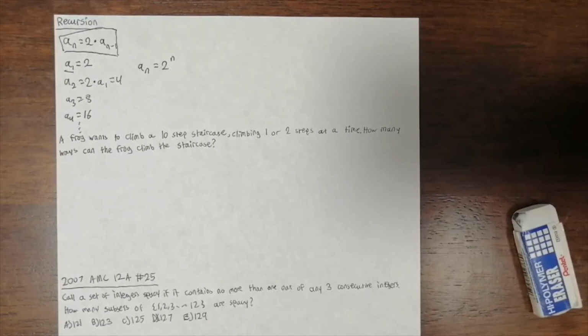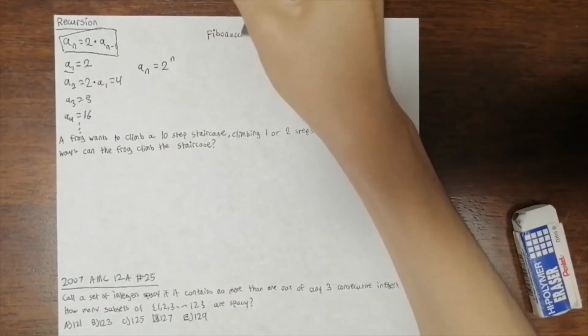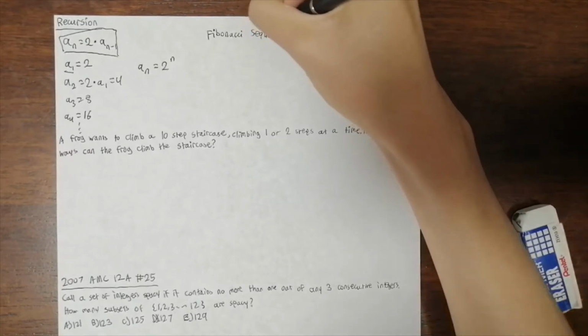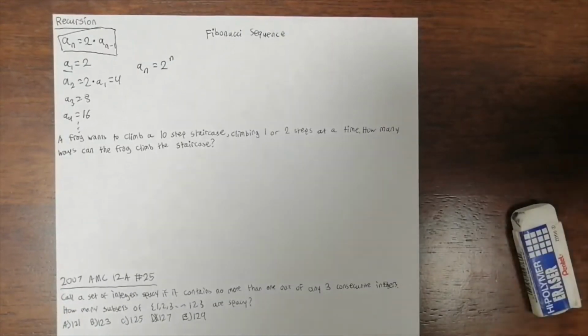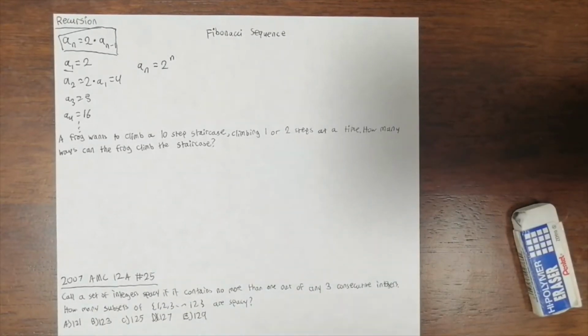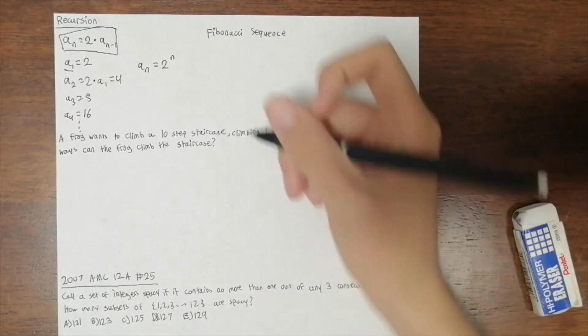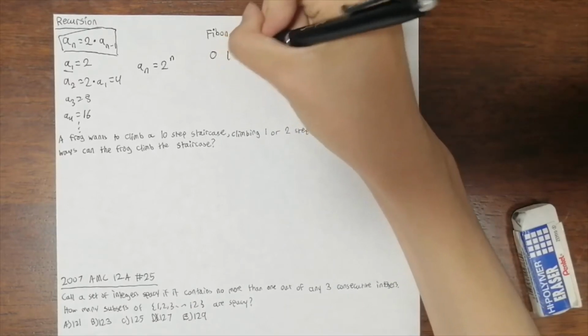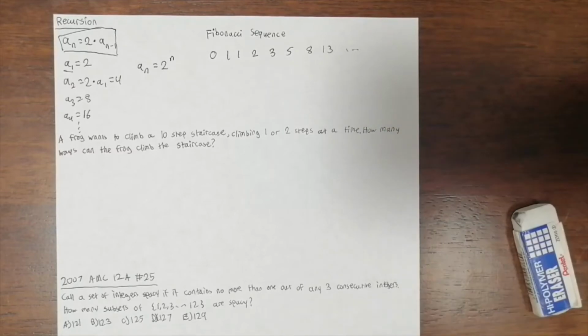One of the most famous recursive sequences is known as the Fibonacci sequence, which probably many of you have heard of already. So the Fibonacci sequence says that any term in the sequence is the sum of the previous two terms. So it goes something like this: 0, 1, 1, 2, 3, 5, 8, 13, and so on.